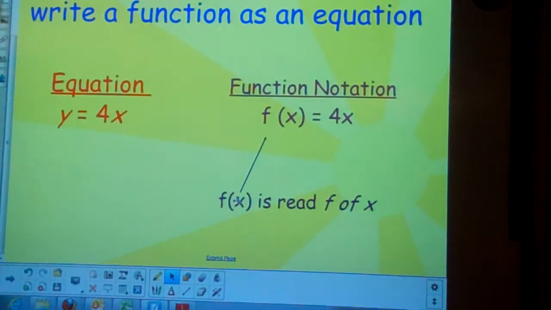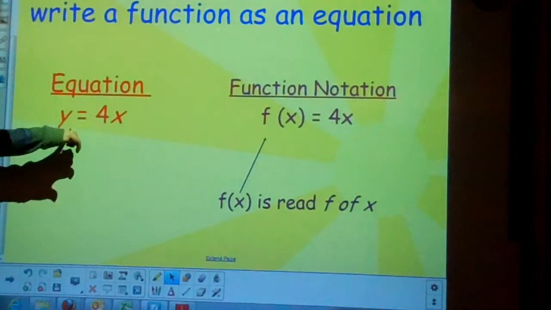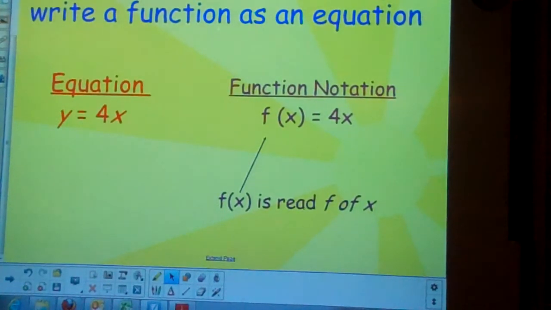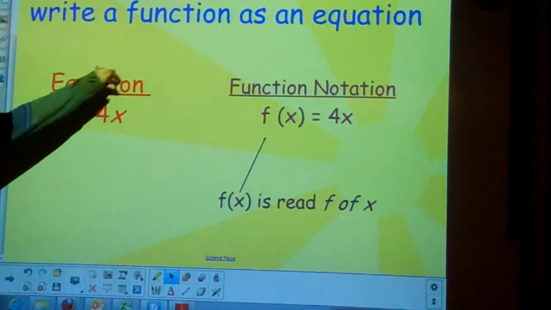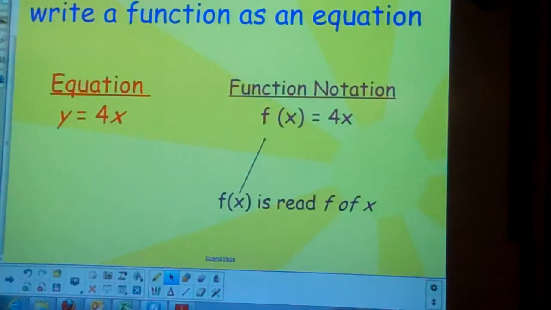We read that as f of x. So as an equation we have y equals 4 times x. In function notation we'd have f of x equals 4 times x.